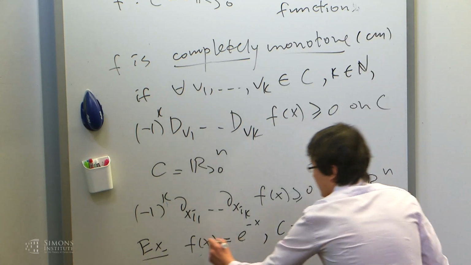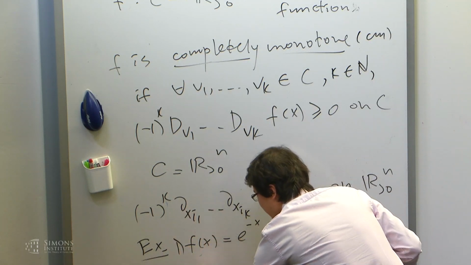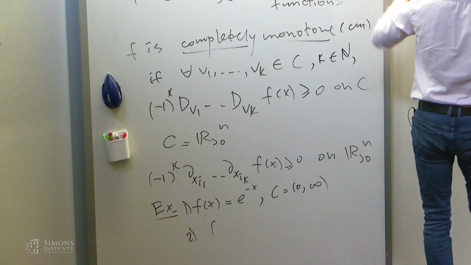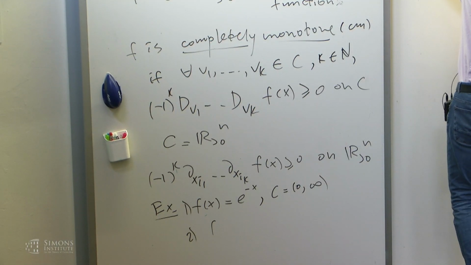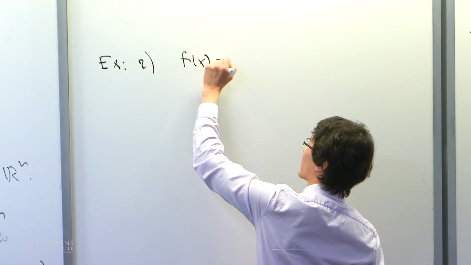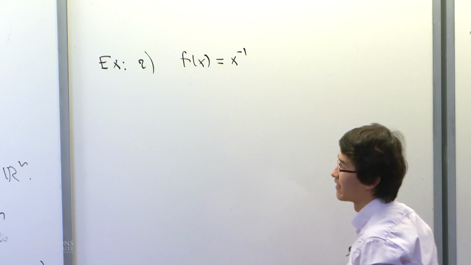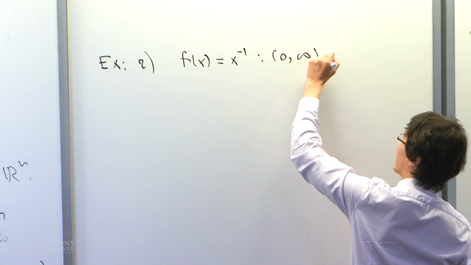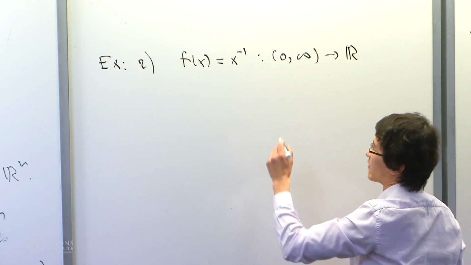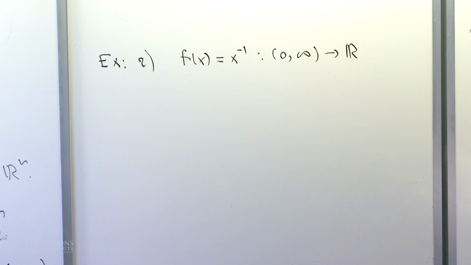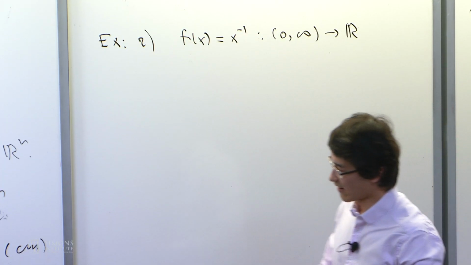Another example is to take the reciprocal of your variable. This will also be a function on the positive line, and you can check that when taking derivatives, the sign of the derivative just alternates.